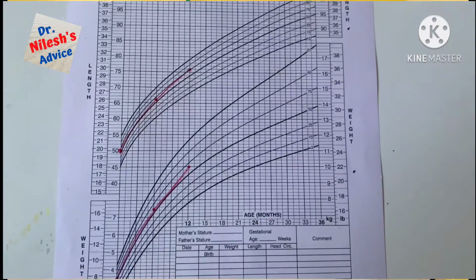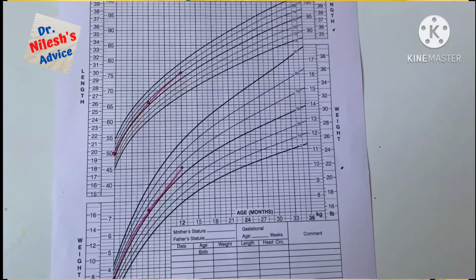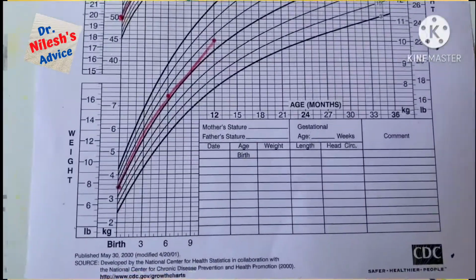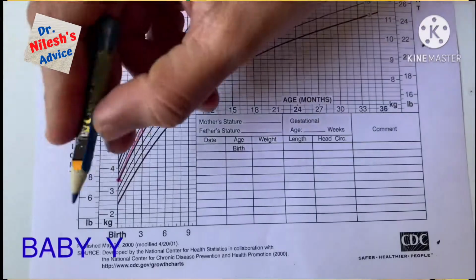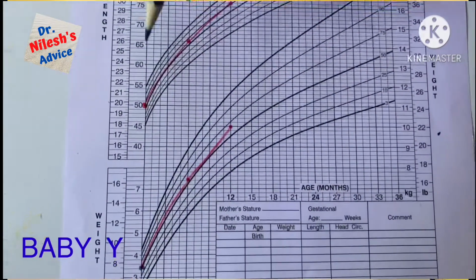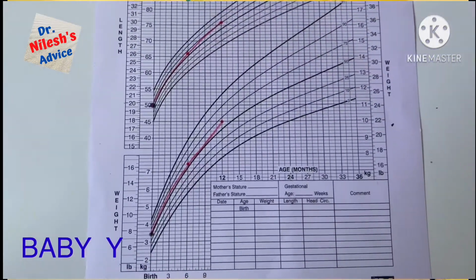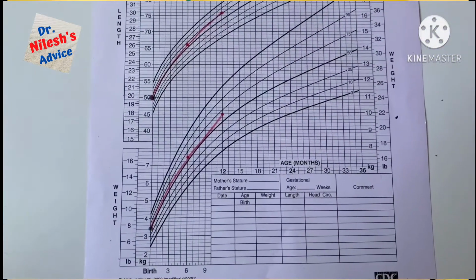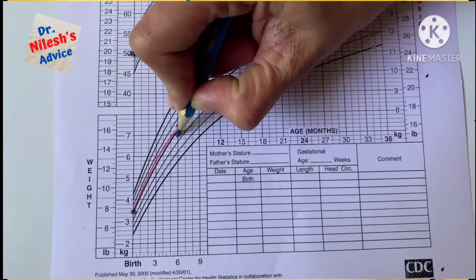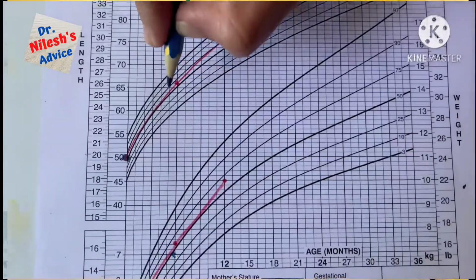Now I will show you another example of another baby, and how his growth is. This is another child whose birth weight is 3.5 kg and height is 50 centimeters. Now this baby's 6-month weight is 7 kg and height is 65 centimeters.